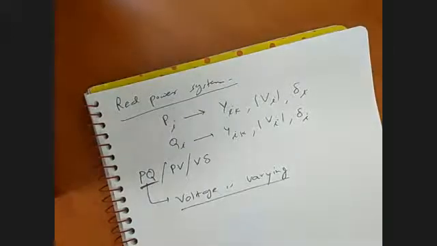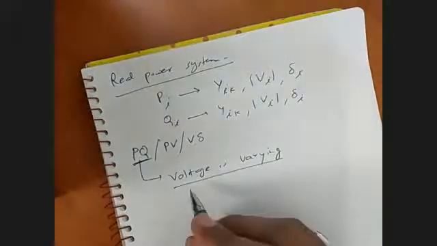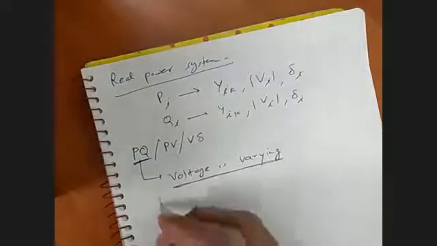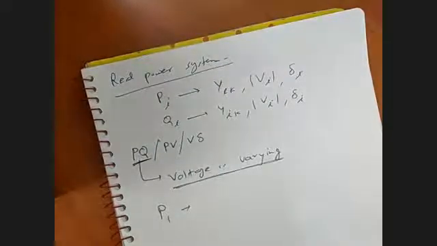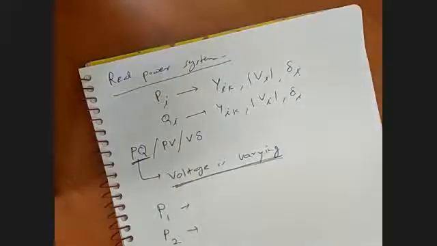So when voltage is varying at the PQ bus, when we calculate one equation like P1, we take the voltage at some quantity. Then when we consider P2, the voltage of that bus has changed. So there are some changes which will be continuously happening in the voltages and currents of the system.